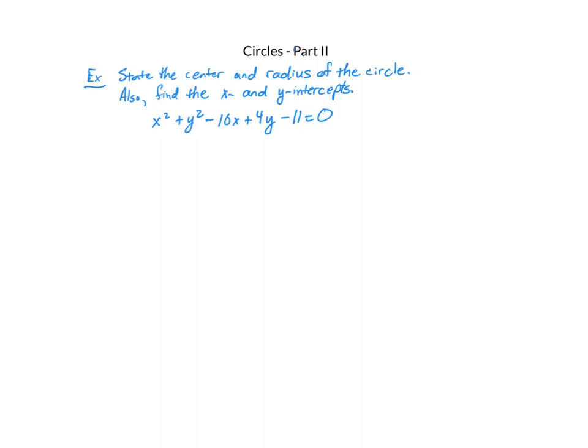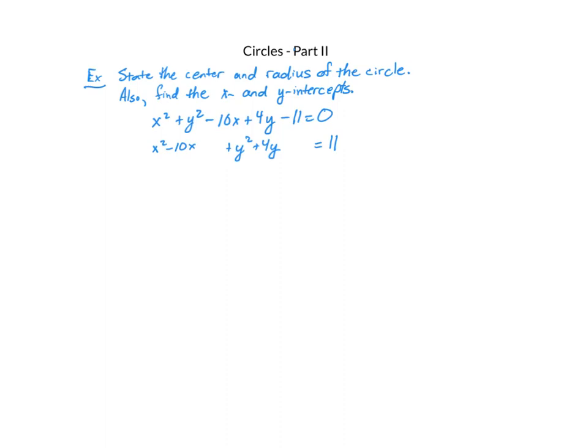So let's rearrange the terms in the equation. So I'll have x squared minus 10x plus y squared plus 4y equals 11. So again, notice I left space for the constants that I want to add, and I added 11 to both sides so that the constant is on the right.